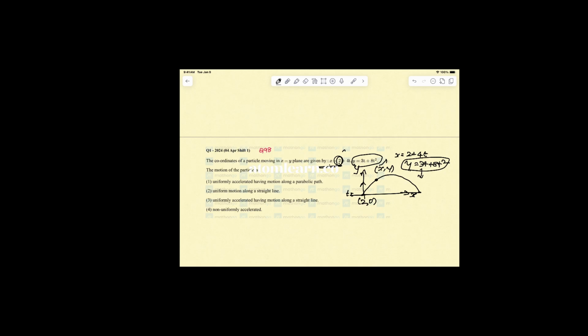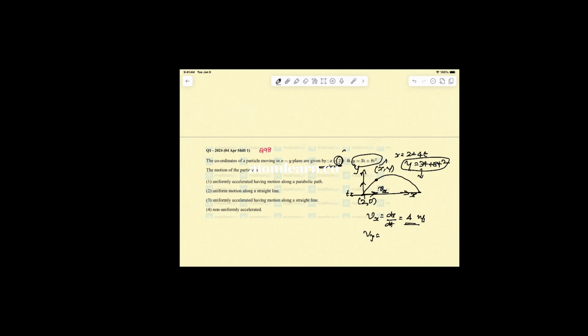Now can you write down Vx at any time, which is given by dx by dt. That's the concept. What is dx by dt? It is 4, meaning 4 meters per second, which is constant, so the initial velocity component ux is equal to 4. And then what about Vy?